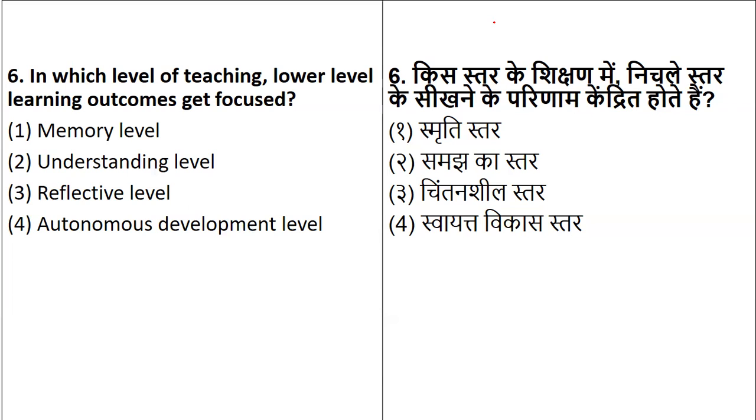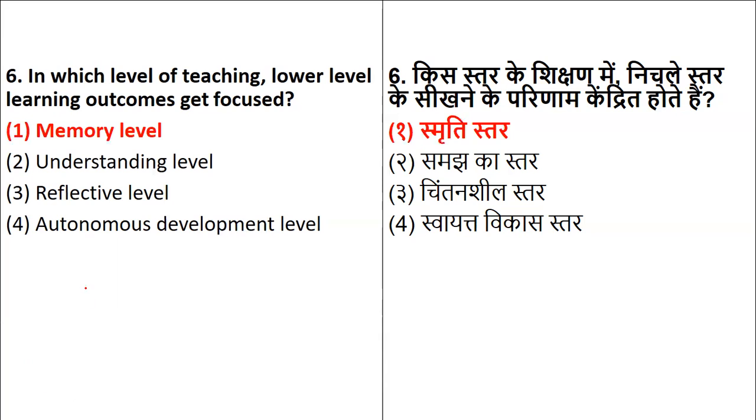We have done all these levels, in fact, in yesterday's class itself. So you should definitely be ready with this answer. When we are talking about the level of teaching, the level which has the lower outcome is called the memory level. It is the one which is focusing on the lower level of teaching.